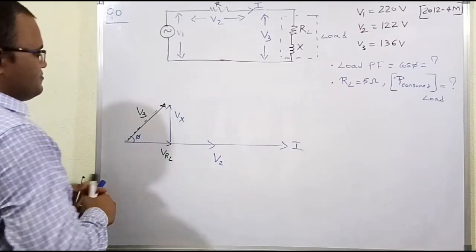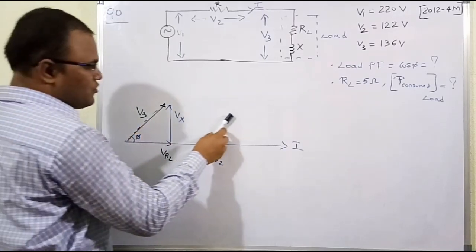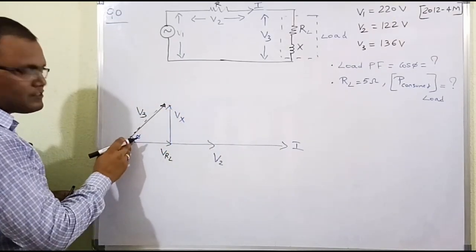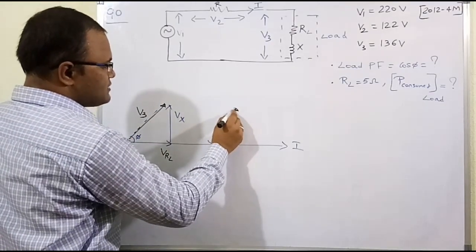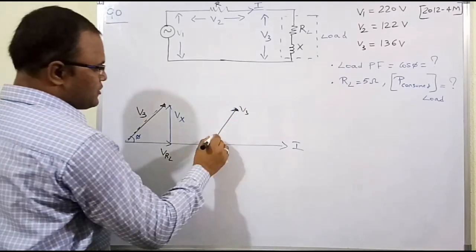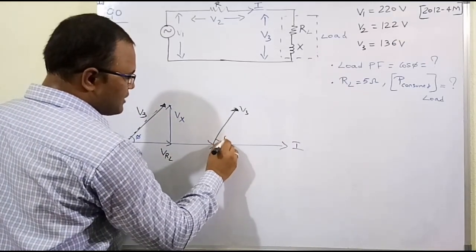So therefore, this vector is right. I am going to move it up in this direction, with the same length and the same angle with respect to the x-axis. Therefore, this is again the same length V3 and the same angle with respect to the x-axis, which is phi, and similarly here also the same phi.